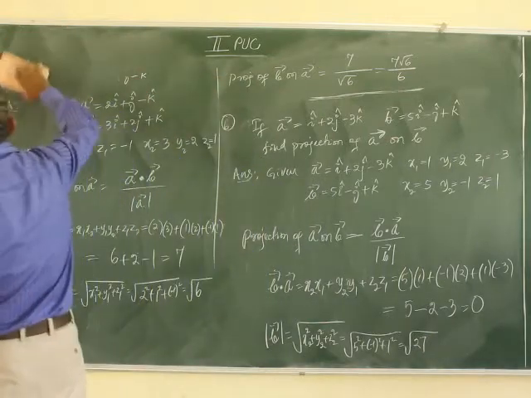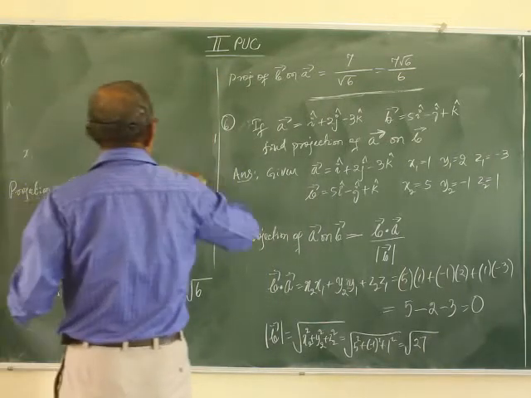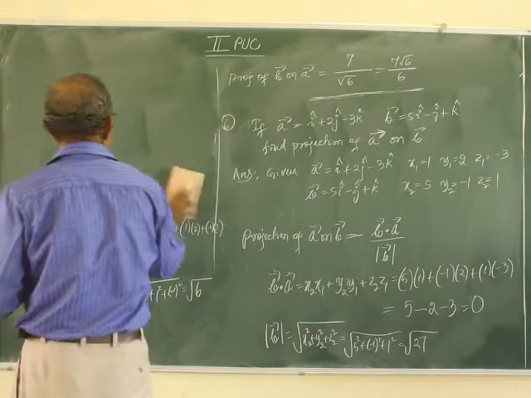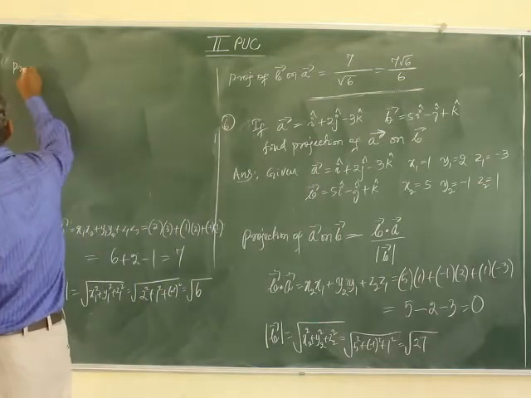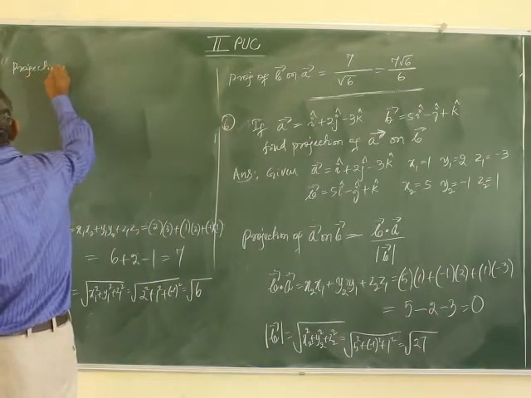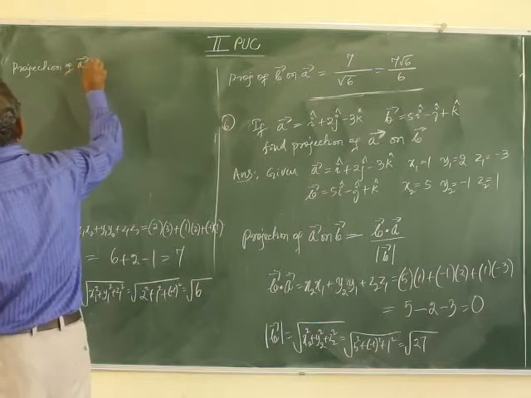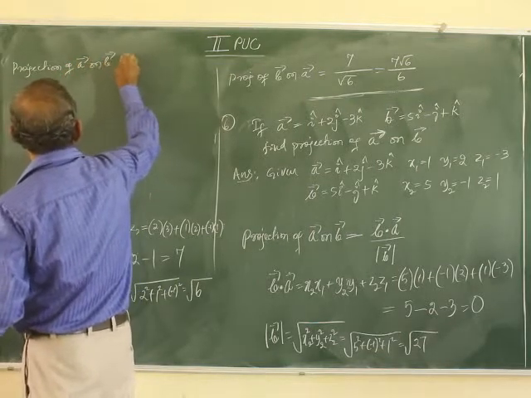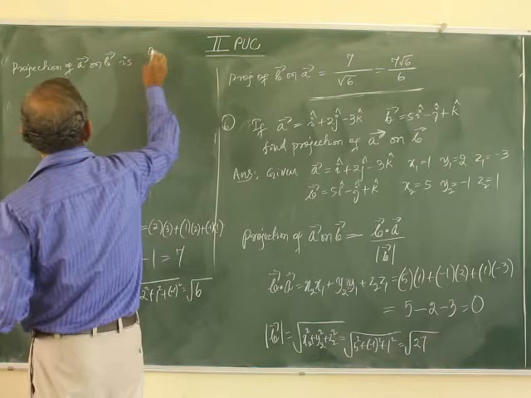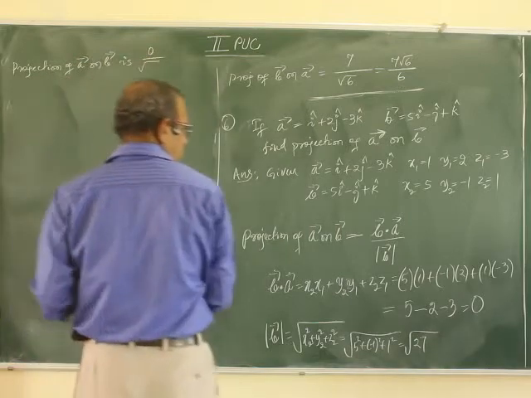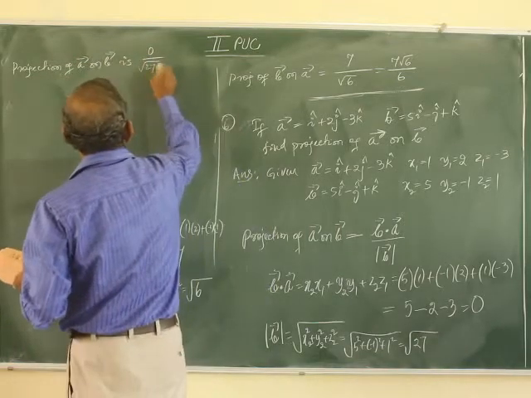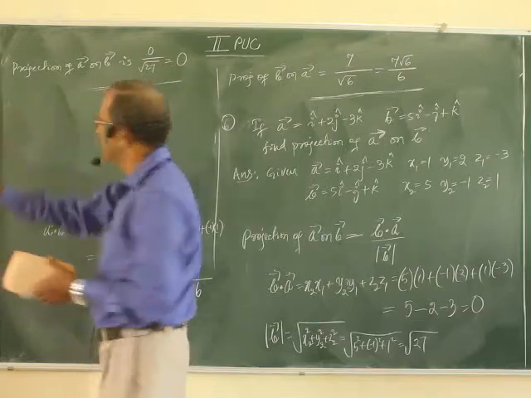Now write the answer. Therefore, projection of A on B is 0 divided by root 27, which is 0 only.